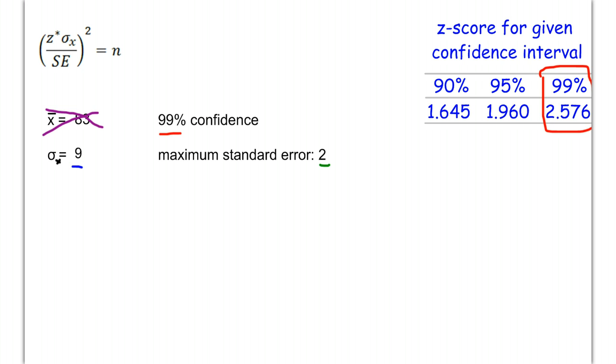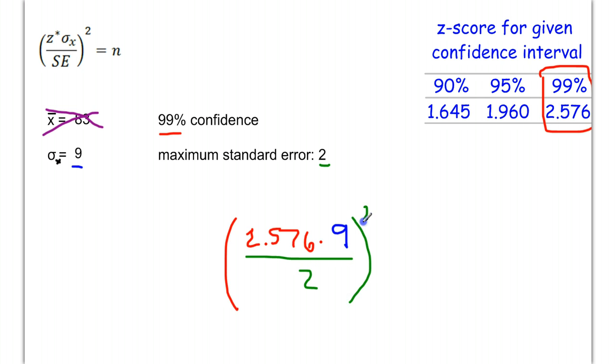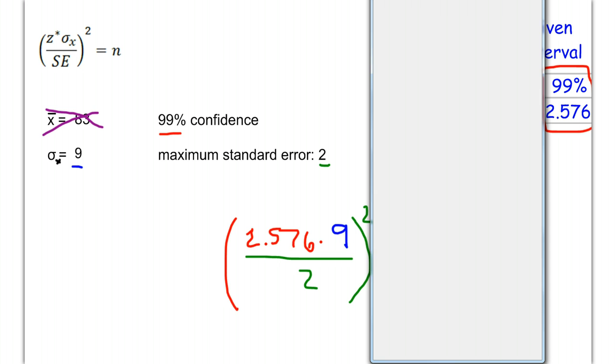So when we put that all in the equation together, we have 2.576 times our standard deviation of 9 in the numerator, all divided by our standard error of 2, and we're going to square it.